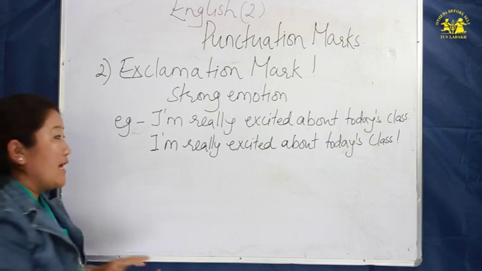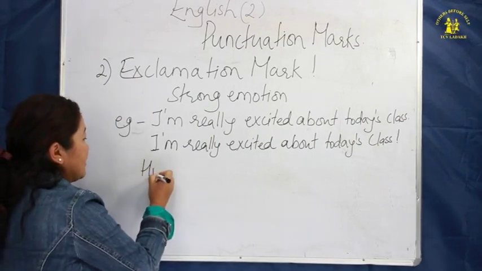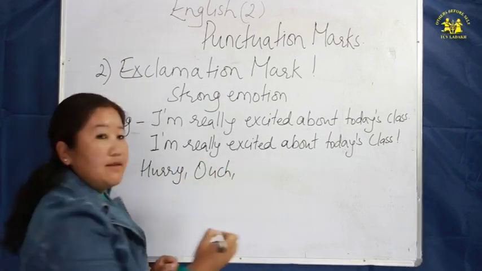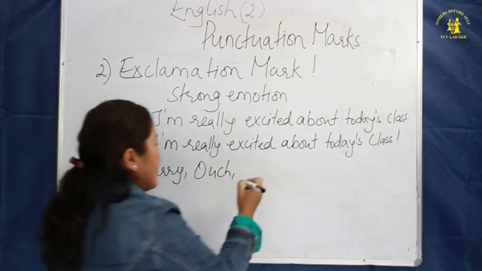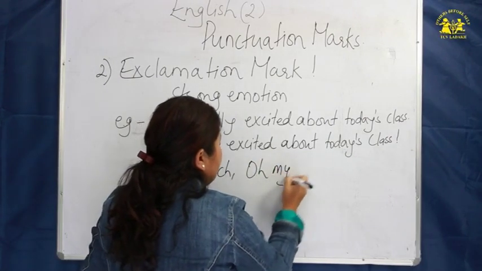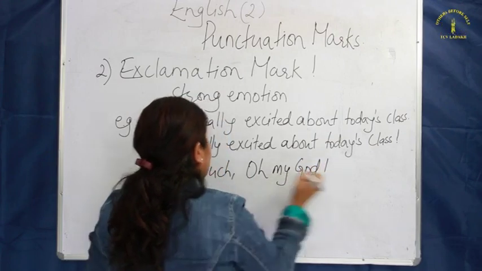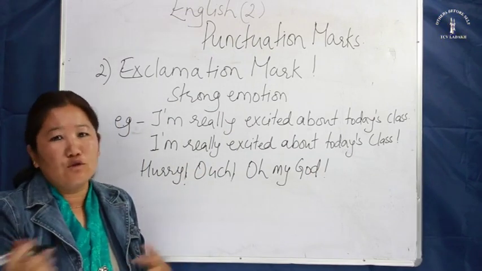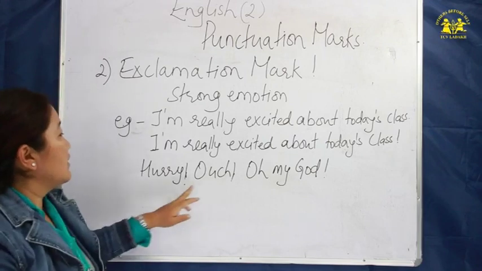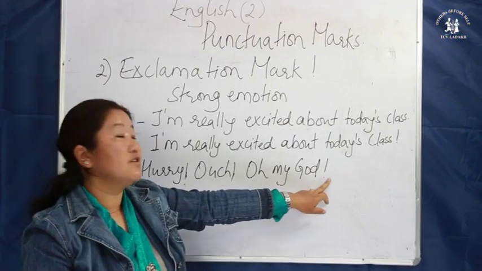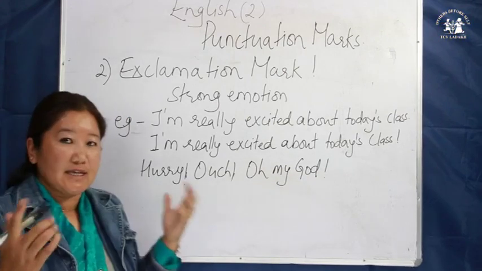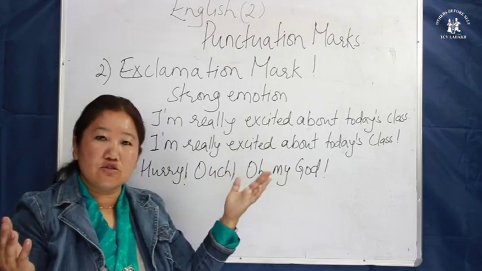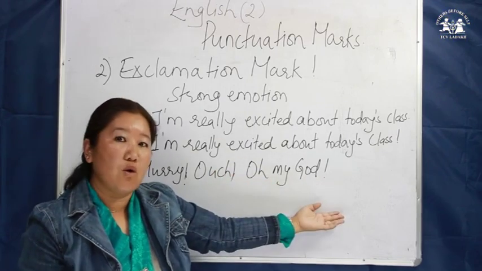And then there are expressions like hooray, and expressions like ouch, and then expressions like oh my god, and yippee, and all those kinds of expressions use the punctuation mark called the exclamation mark, because over here you are very excited, over here with ouch you show some pain, and with oh my god you show some surprise, and likewise there are many more in English, okay?